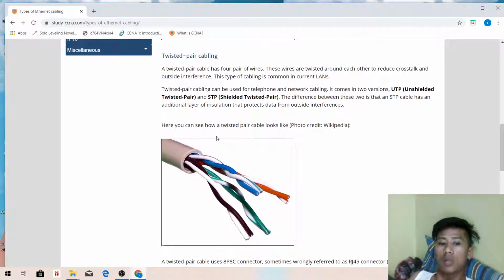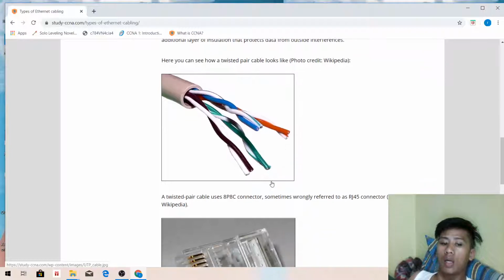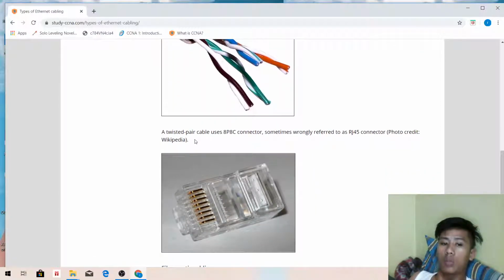You can see how a twisted pair cable looks like. You first have the UTP cable. Now, the twisted pair cable uses an 8P8C connector, sometimes wrongly referred to as RJ45 connector.